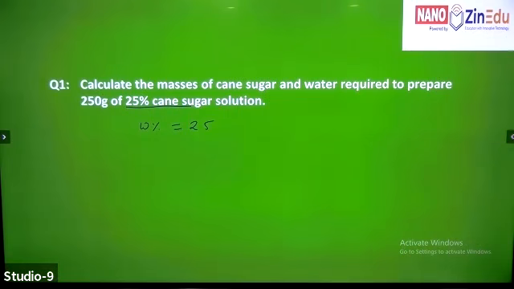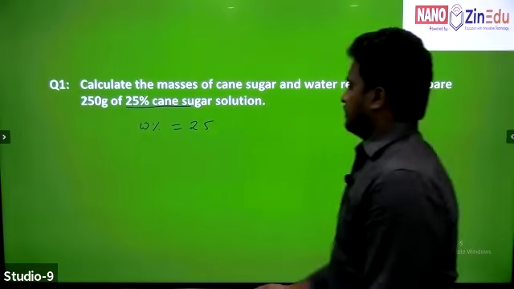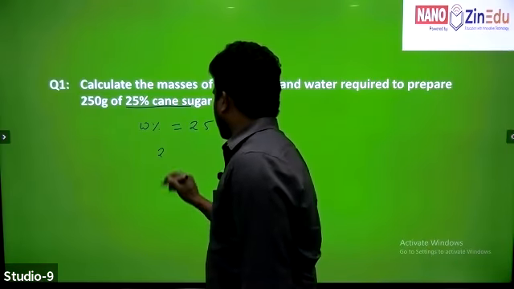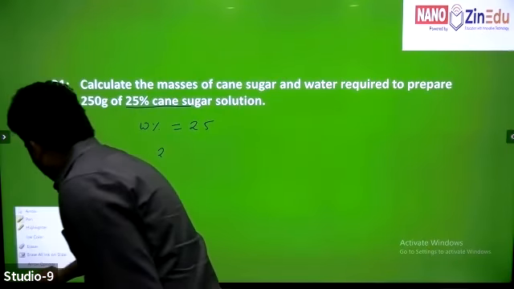Mass percentage is given. What is the weight percentage formula?